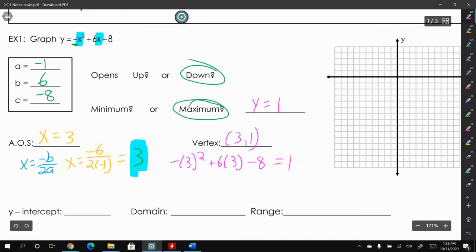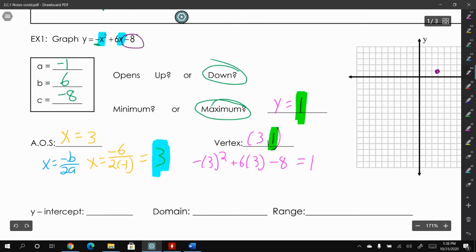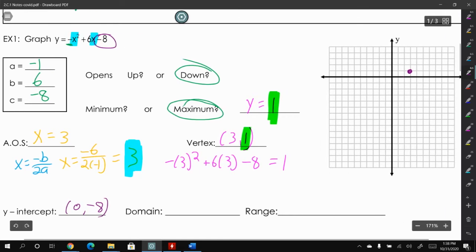So remember, with our vertex, the minimum or maximum value is also the y-coordinate of the vertex. So let's go ahead and plot that, 3, 1. Our y-intercept is 0, -8. So that's our c value.